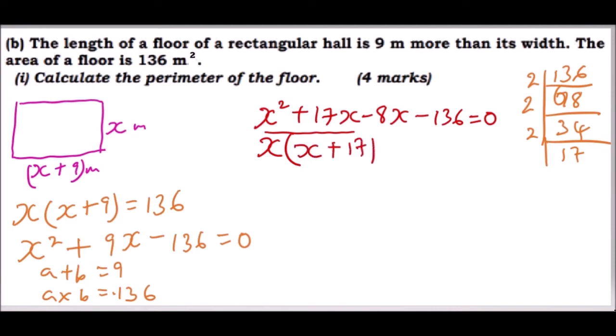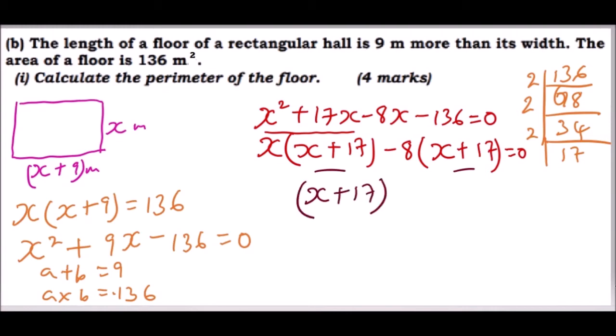Then here we factor out minus 8, you will be left with (x + 17) is equal to 0. Once you do that, then you factor out what is common, so we have (x + 17), and we'll be left with (x - 8) is equal to 0. Then here we can say x is equal to minus 17 or 8.